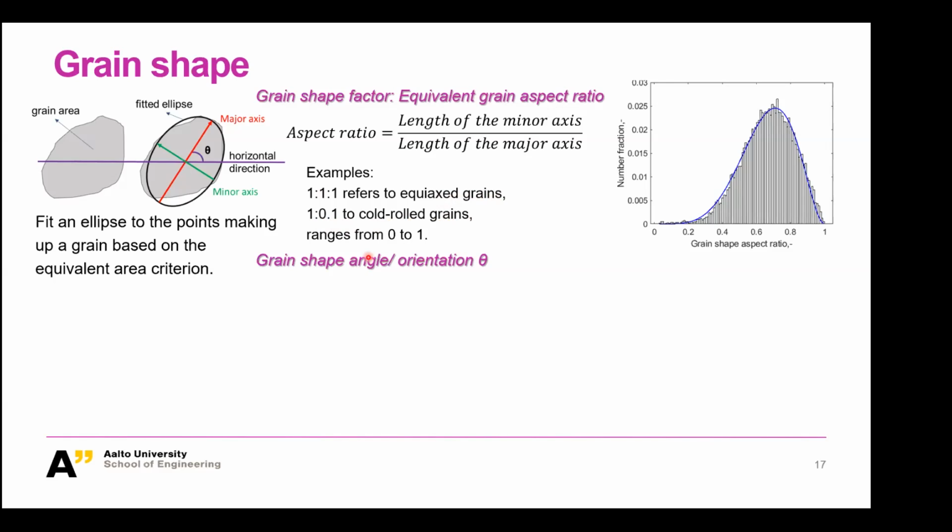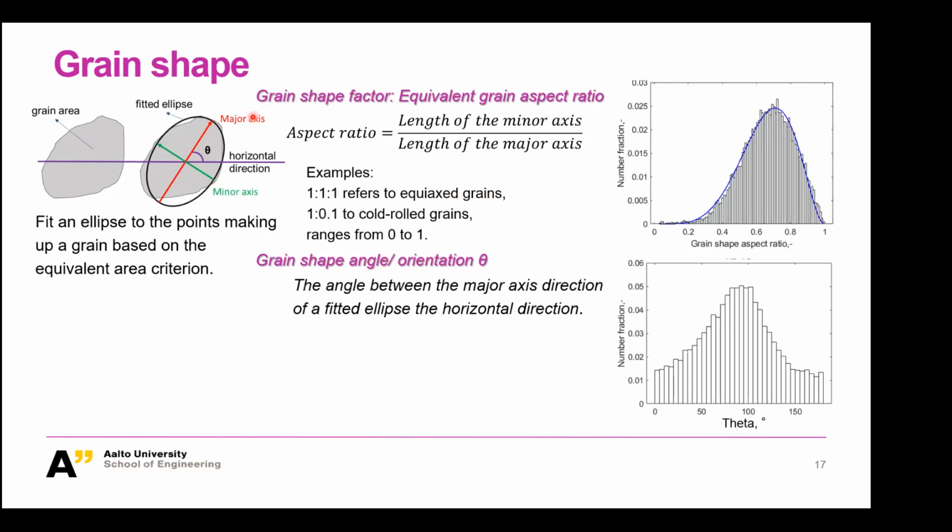The second parameter is the grain shape angle, or grain shape orientation theta. This is the angle between your major axis and the horizontal direction. Here we can see a distribution of these two. For the first one, we also need to have a mathematical description of it.